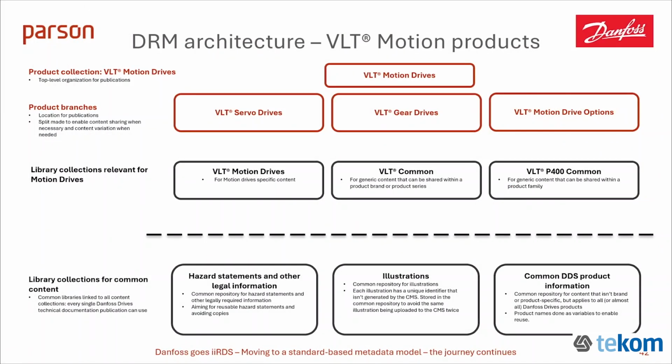So there is a specific library for this motion drives product branch. Then there is obviously a common library collection that can be reused here, and another specific one, that's an internal thing, but it's generic content in a way. And then that one I just explained.